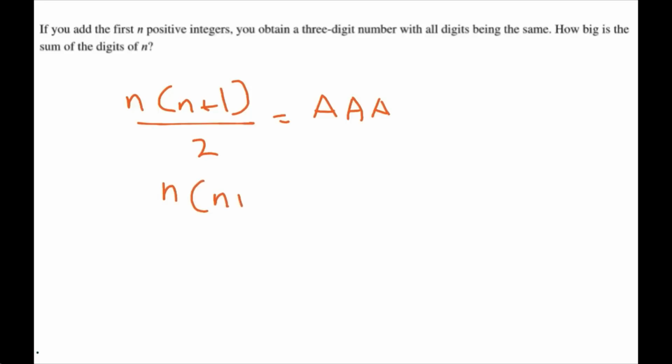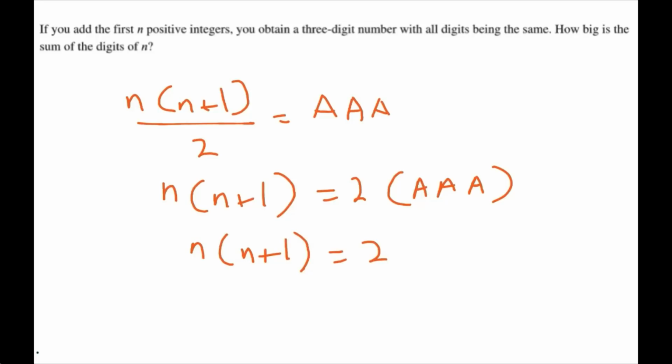Let's multiply both sides by 2 to get 2 times aaa. Now writing aaa as place value instead of this weird expression, we get n times n plus 1 is equal to 2 times 111 times a.